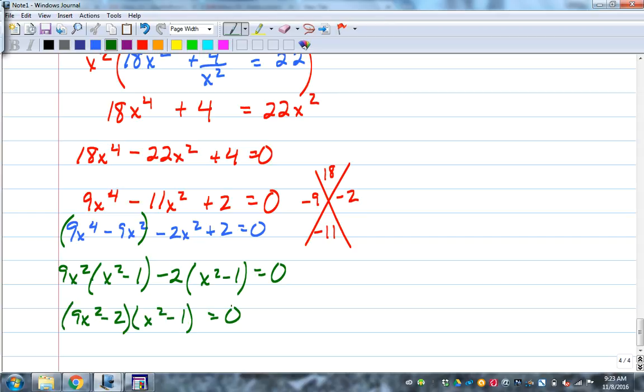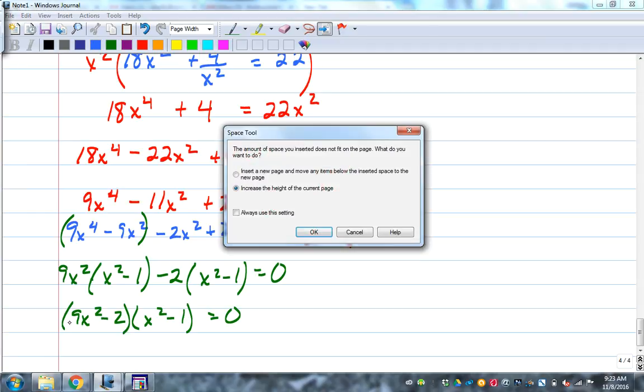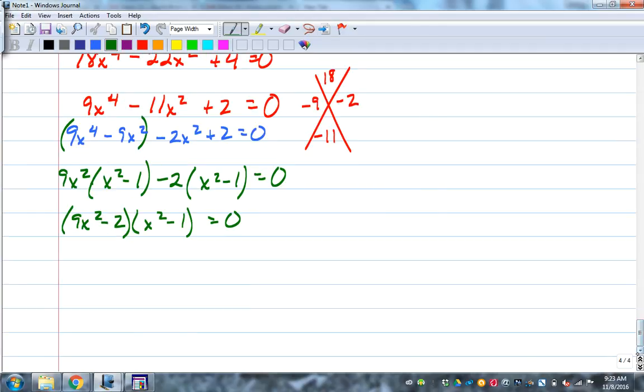What do I know about x squared minus 1? It actually factors itself, right? To x plus 1 and x minus 1 because we've done quadratics in here. But 9x squared minus 2 doesn't factor, so I'm going to have to use some other method to solve it.